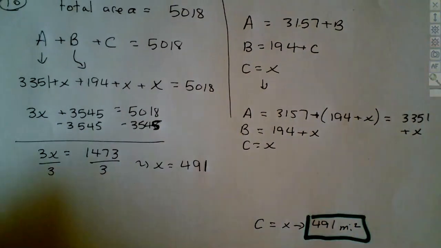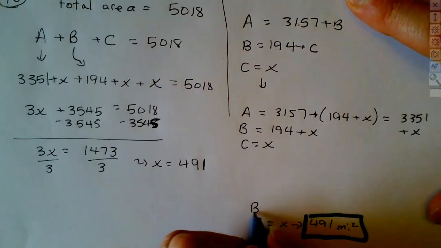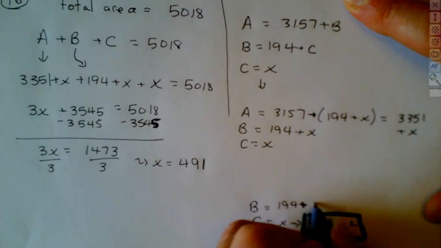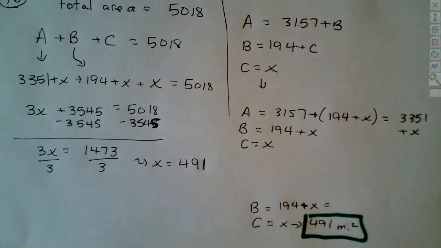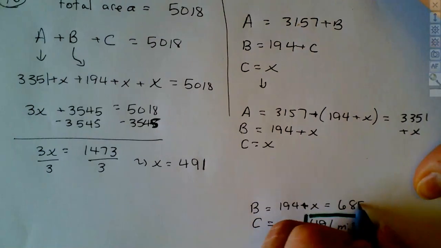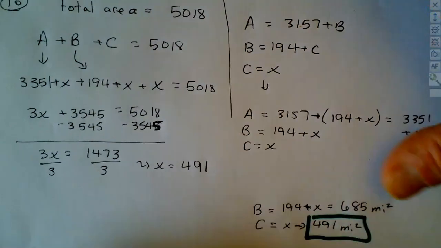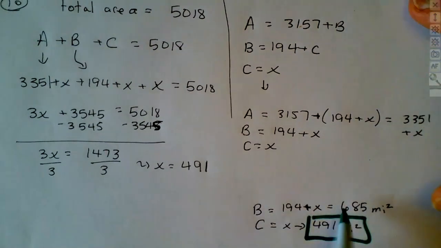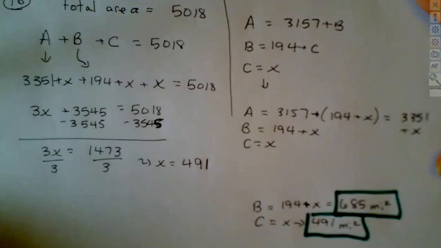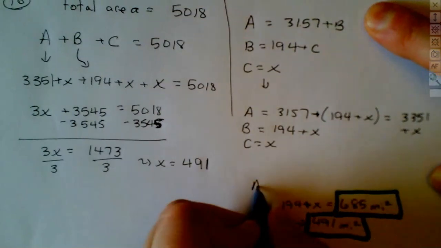We've got B, and B is 194 plus x. So that's 491 plus 194, which is then 685 square miles. So that's that piece. And then we've got the last one, which is A, my mistake there.